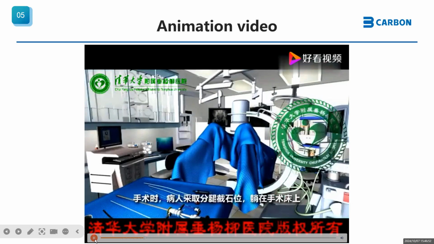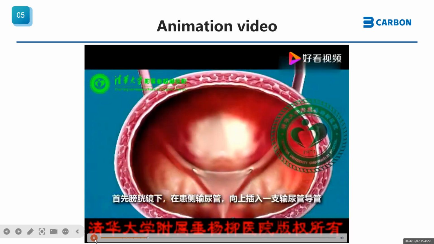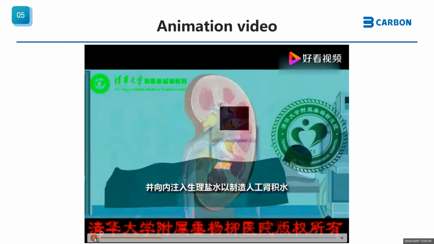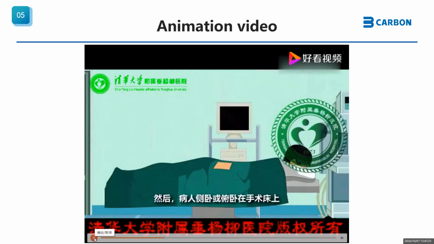And under the cystoscope, we find the ureter from the bladder. We insert a catheter, which reaches the pelvis of the kidney. The saline water goes inside the kidney. Then take the prone position.